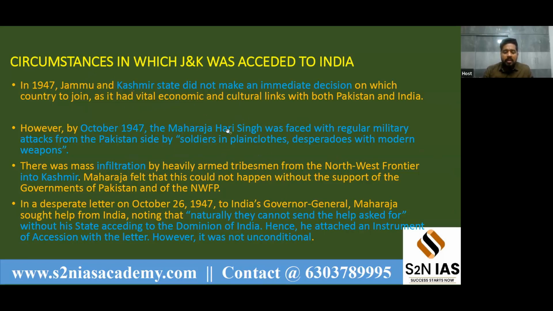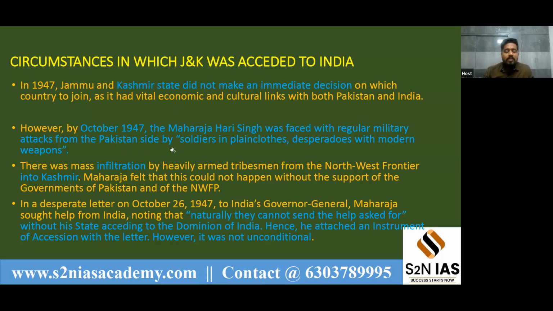So Hari Singh requested the Government of India to take action on the infiltration on October 26, 1947, and he also knew that without offering something to the Government of India, they would offer nothing to him. Naturally, they cannot send the help asked for without his state acceding to the dominion of India.